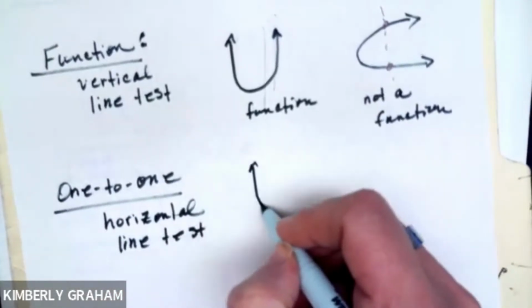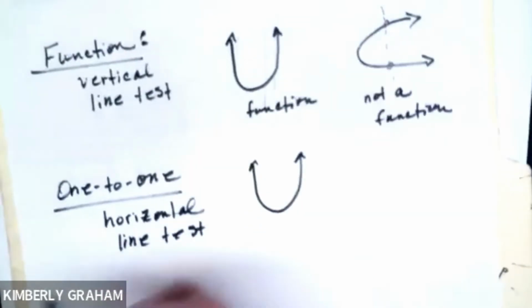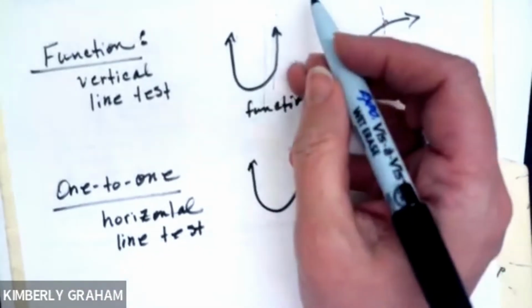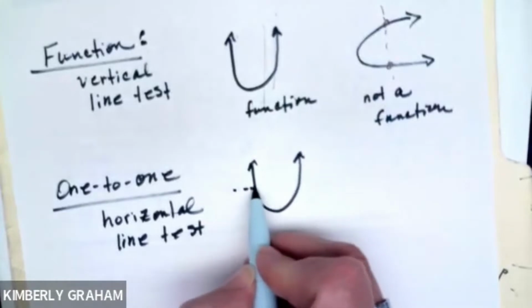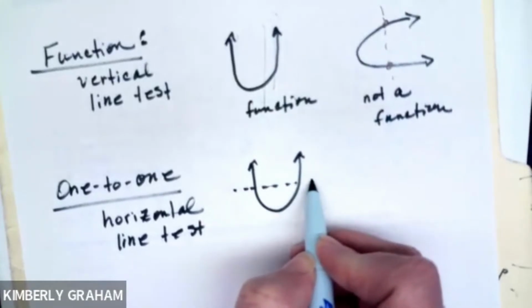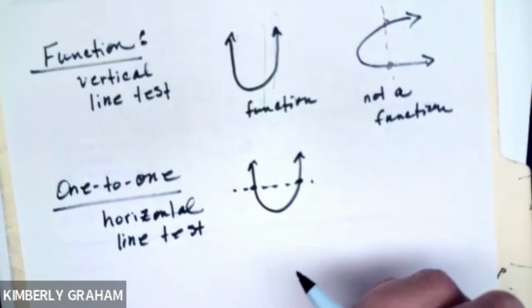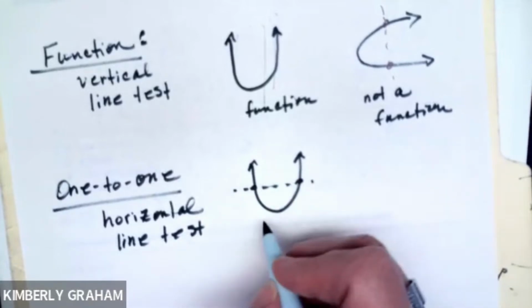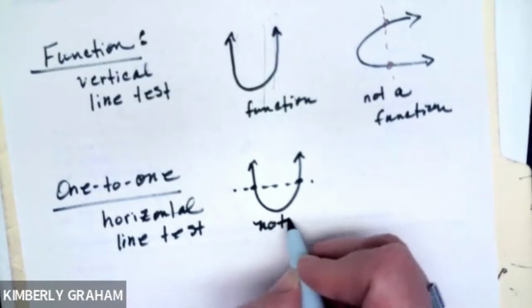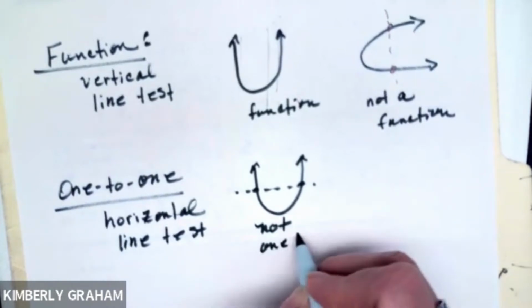So let's look at this same picture here. This is a function, but is it 1-to-1? No. If I drew a horizontal line, it touches my graph in more than one spot. So this is not 1-to-1.